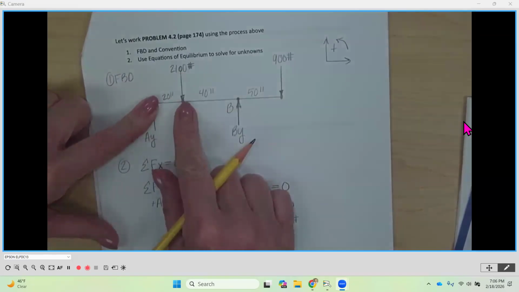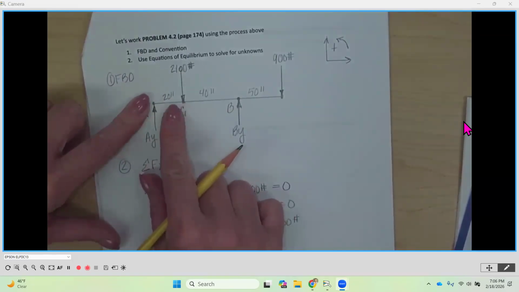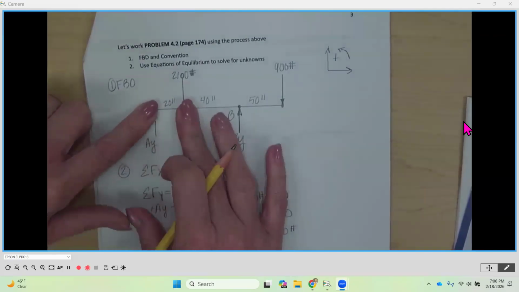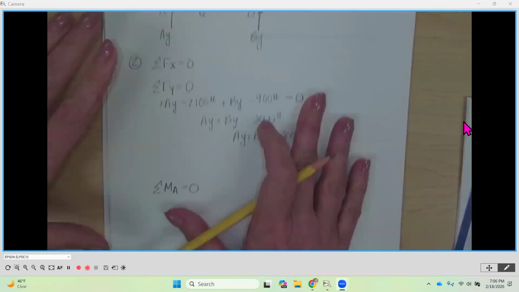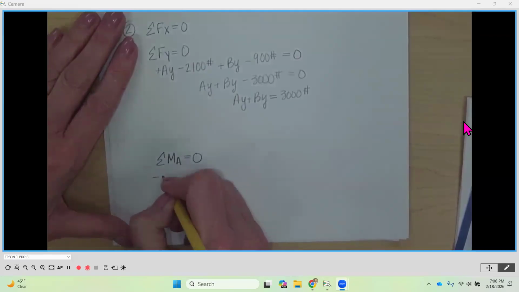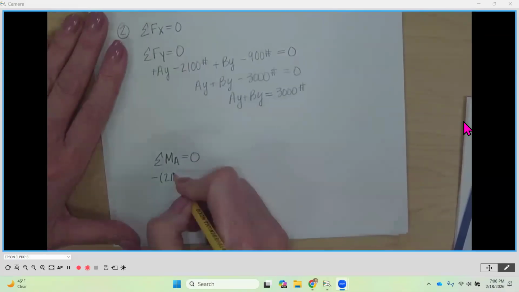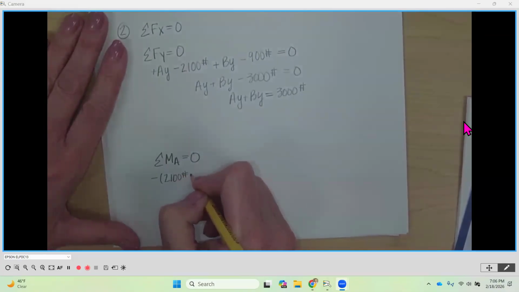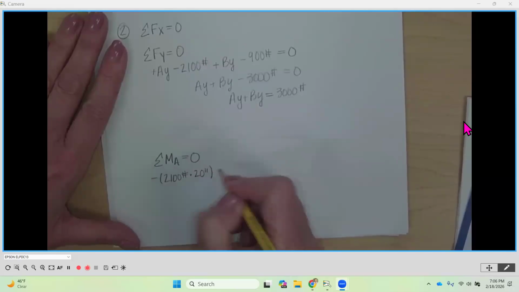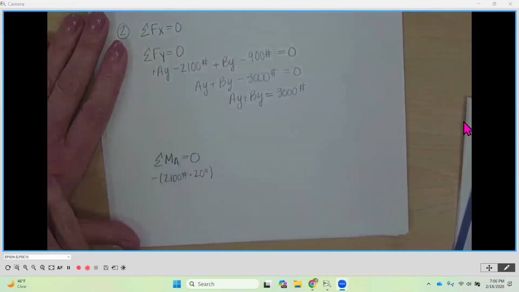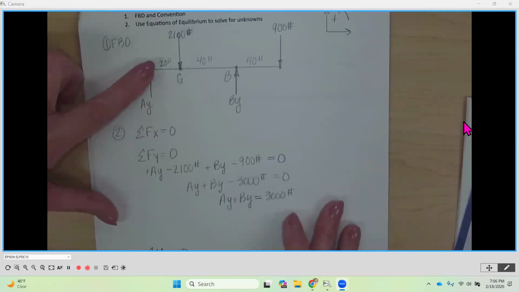So I'm going to have 2,100 pounds times 20 inches, and it is rotating clockwise, so I'm going to have a negative out front: 2,100 pounds times 20 inches. Inside of here, I always put the symbols because it's shorter to write. But then as we do some things and get to the end, then I use the LB and IN. So that's my first moment.